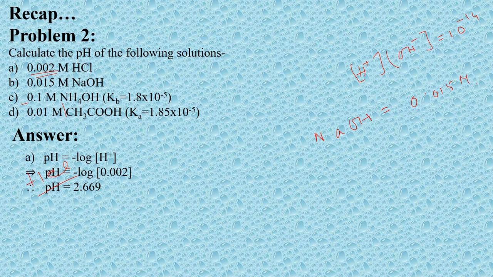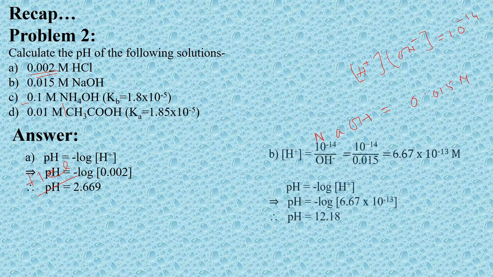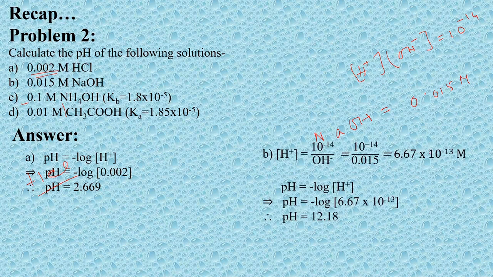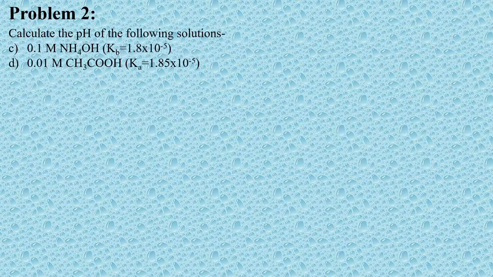So from here we have to identify the H plus concentration. When we get this result of H plus concentration, then pH identification is very easy, and we get the pH. Now we are going to solve the rest of the two problems under problem number 2.